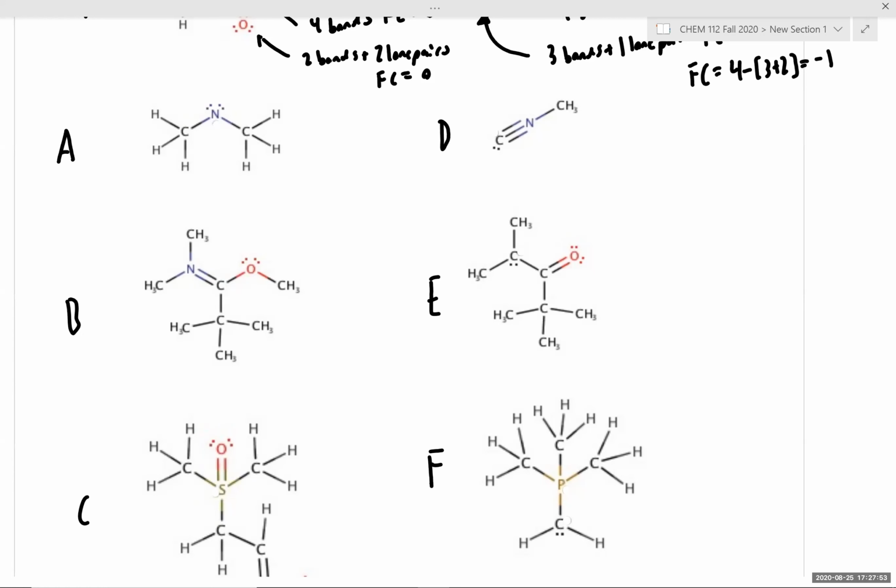Let's try to get a few more responses from the rest of the class, or if you have a question on any of these structures and assigning the formal charges, don't be shy to ask in the chat.